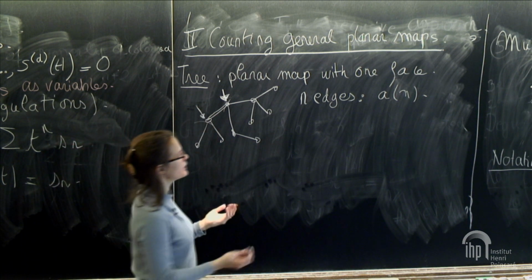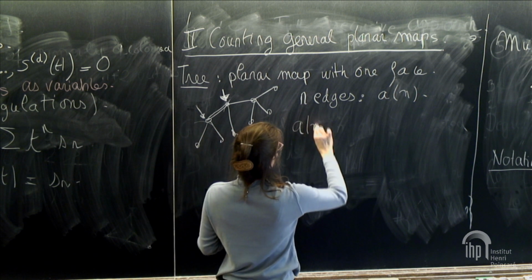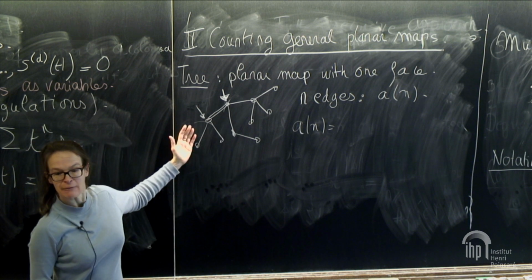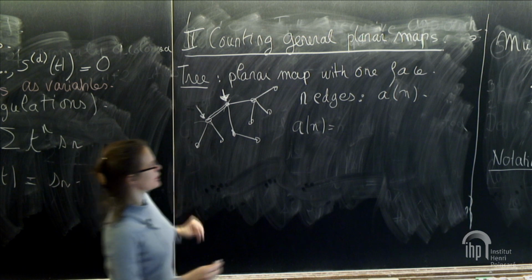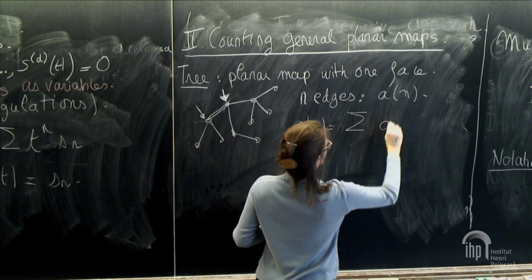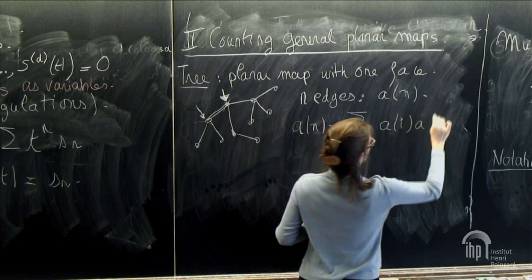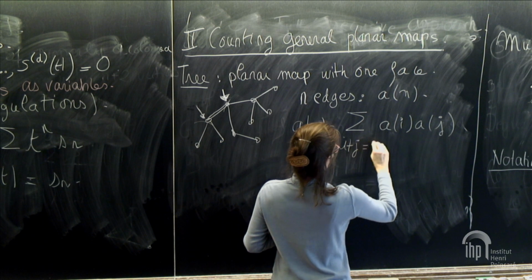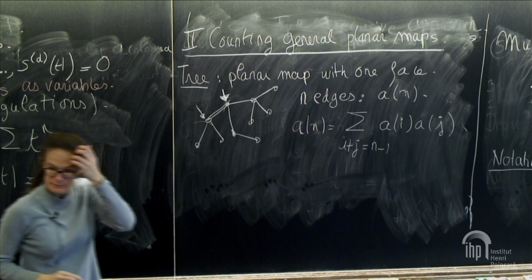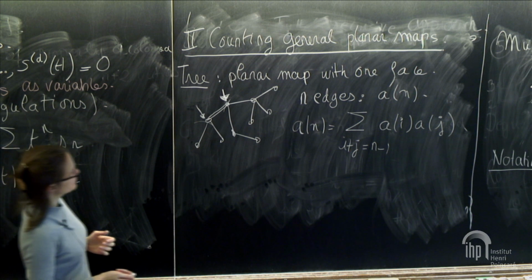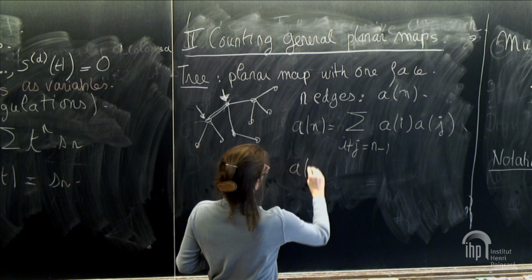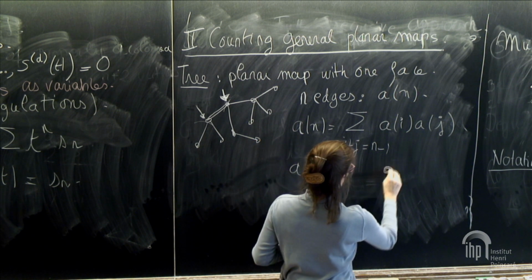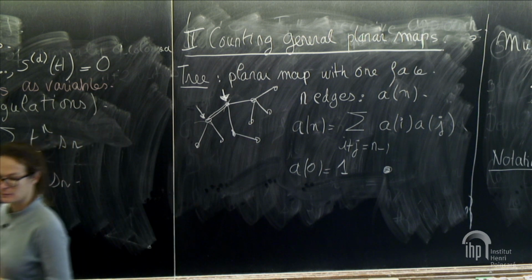Using this observation, you write that a tree with n edges is obtained by taking to the left a tree with i edges, to the right a tree with j edges, provided that i plus j is n minus 1. And you need some initial condition saying that you have one atomic tree reduced to a vertex and no edge.